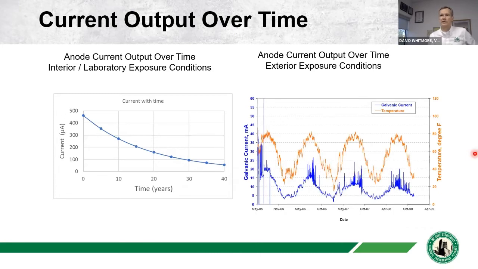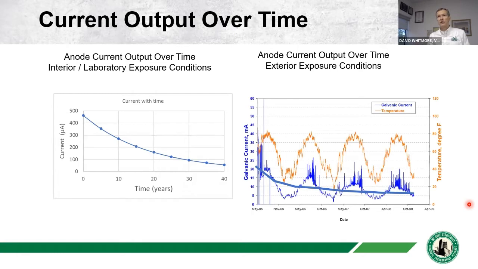And I apologize, it's in Fahrenheit because it's an American project. And the blue line shows the current, which is high in the summer, low in the winter, high in the summer, low in the winter. So there's a lot of up and down that happens with the seasons and the weather. But if you look at the overall trend, if you get rid of the weather effects, if you average them out, you're going to get that same kind of exponential decay curve.